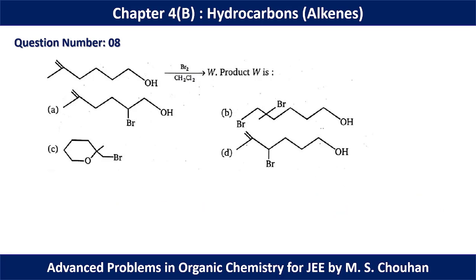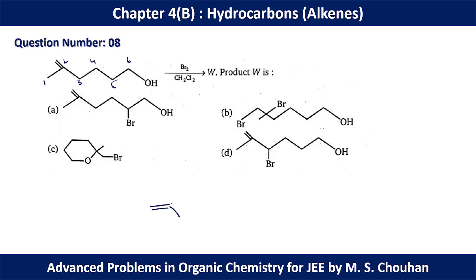In question number 8, this is a case of neighboring group participation. So initially we have Br2. Now we can react the Br2 in this position. Okay, so basically we have 1, 2, 3, 4, 5, 6 carbons in the longest chain. So we can draw this system like this.